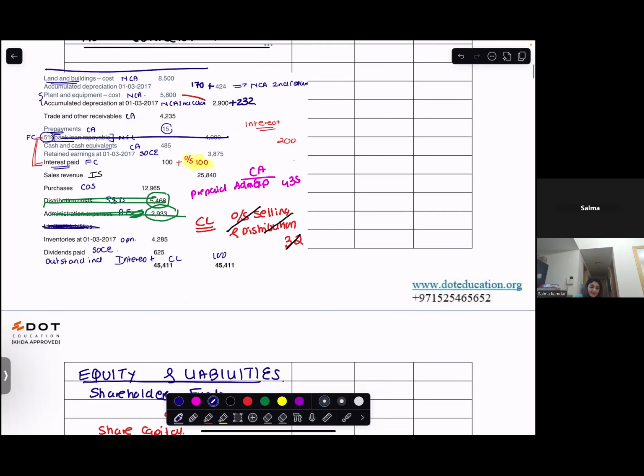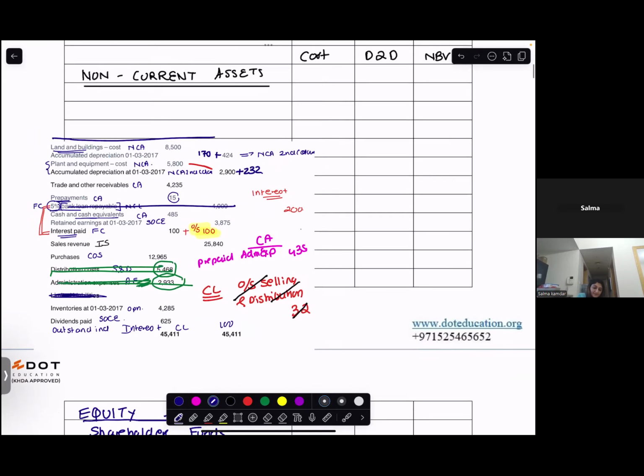What are the two non-current assets I have? Land and building, plant and equipment. Cost, plant and equipment 5,800. For depreciation to date, I have already shown in my trial balance. So it's 170 plus 424, 594 in brackets.